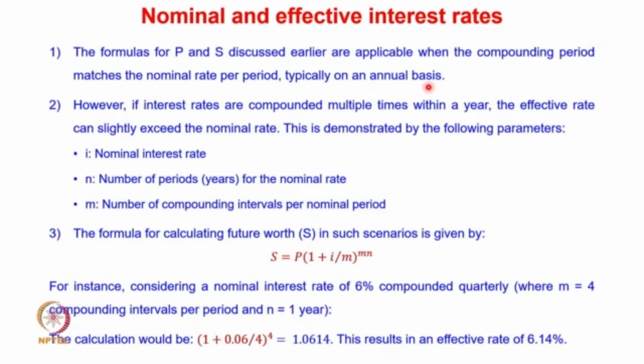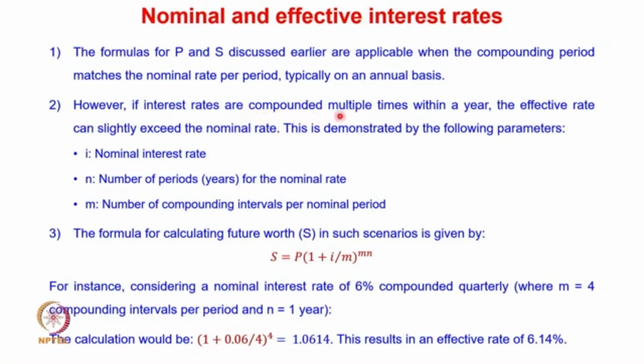So whenever the compound interest rate is given on an annual basis and it is getting accrued annually. However, if interest rates are compounded multiple times within a year, the effective rate can change or exceed the nominal rate. This is demonstrated by the following parameters. Okay, you can see that this is the example here.